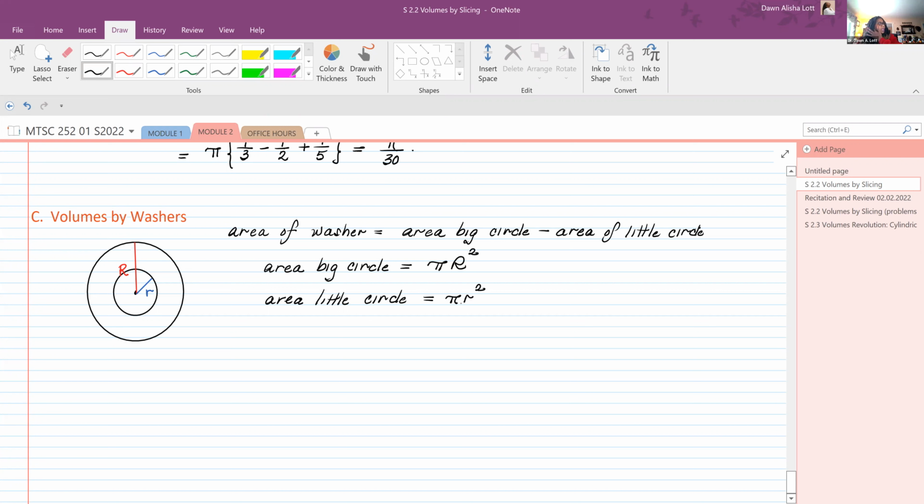So the area of the washer, and that is all of this. Don't act up on me today. So this is the area. Take the area of the big circle and subtract out the area of the little circle. This is all you have left.